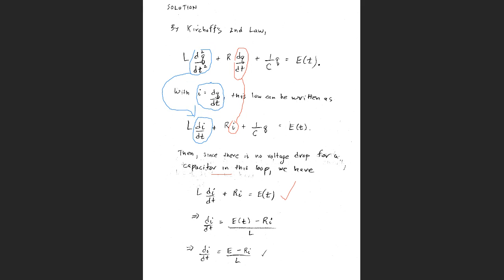If you have a different circuit, and in the homework you're going to see different circuits, you would have a different differential equation, but your starting point is always going to be Kirchhoff's law. Okay, that's your starting point.